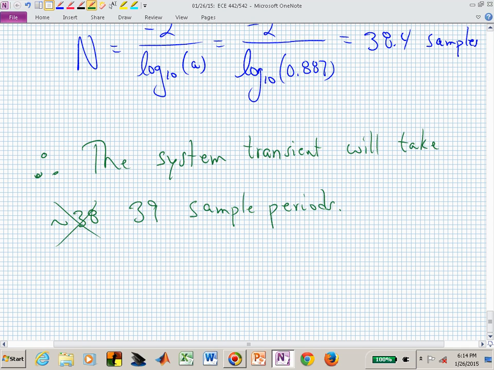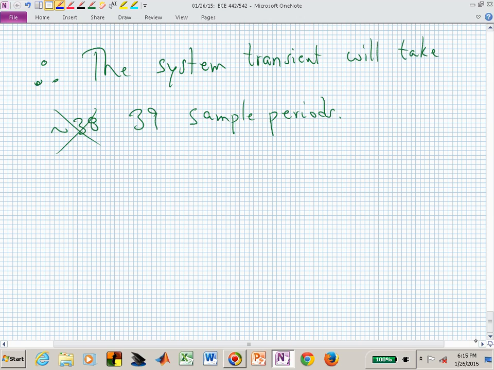And if somebody knew what the sample period was, then you know in absolute time what the settling time is, or the system transient, how long it will behave or take.